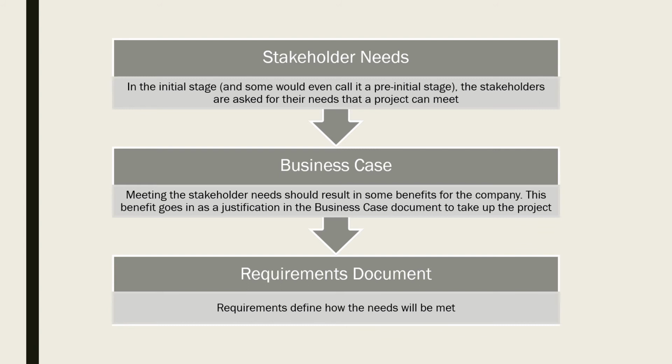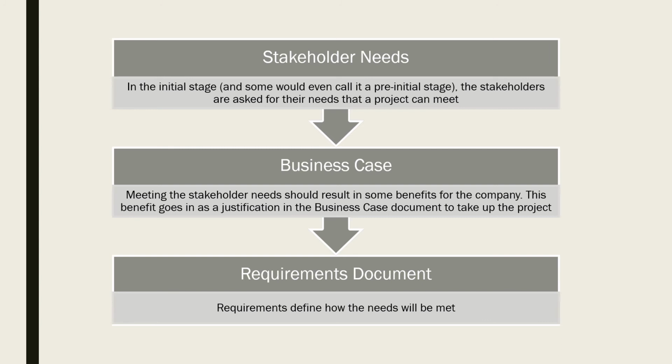And then comes the requirements document, and that document basically talks about how the needs of the stakeholders will be met, how the company is going to design Twitter so that the stakeholders' needs of sending out short bursts of information can be met. So you need a mobile application because short bursts of information will gel really well with mobile phones, right? Nobody wants to write large blobs of text on mobile phones. So you need a mobile application. That kind of requirement is what goes in the requirements document.